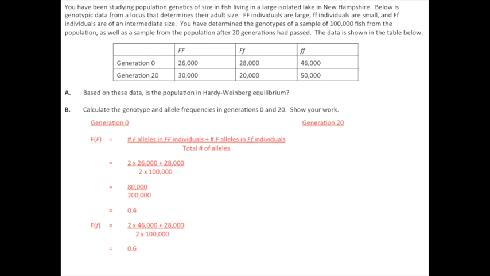And in generation 20, we can do the same thing. The frequency of the big F allele is 2 times 30,000 homozygotes plus 20,000 heterozygotes divided by 200,000 total alleles, or 0.4. The frequency of the little f allele is 2 times 50,000 homozygotes plus 20,000 heterozygotes divided by 200,000 total alleles, 0.6.